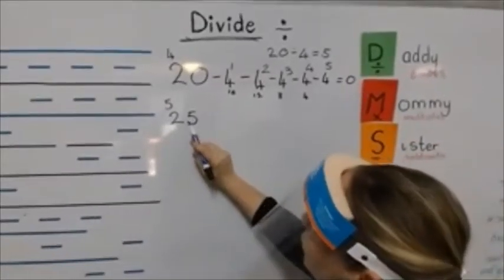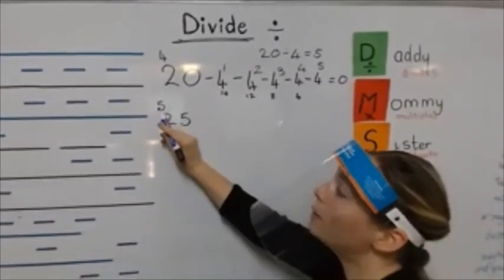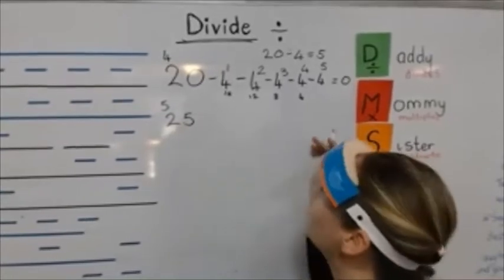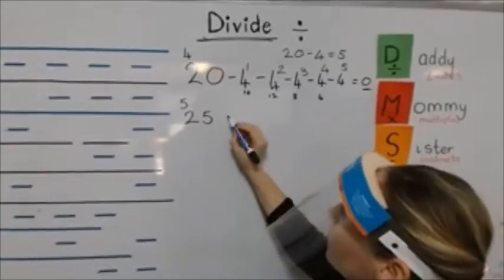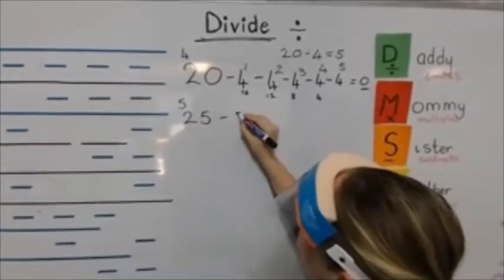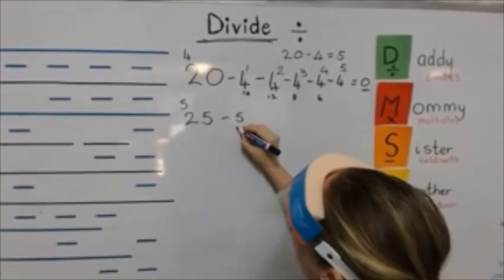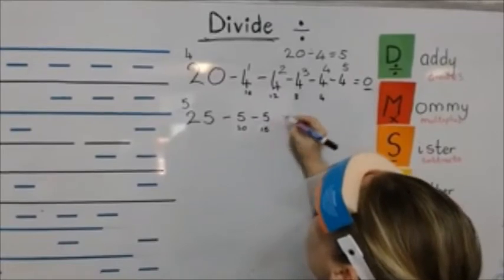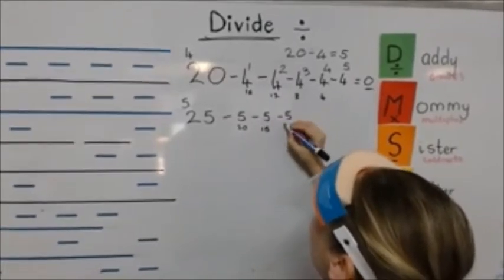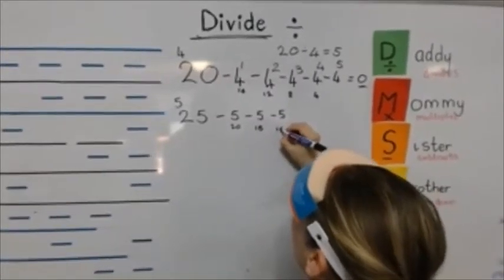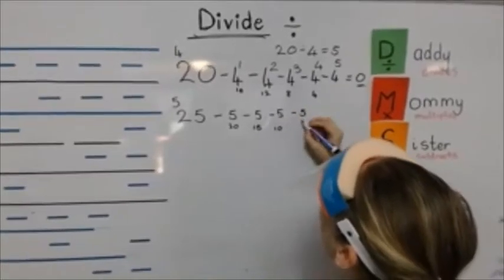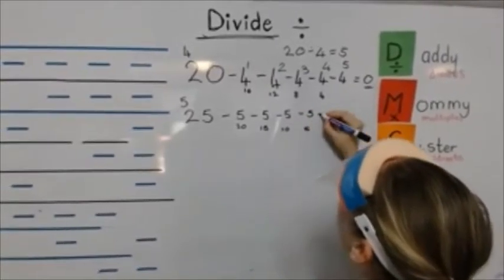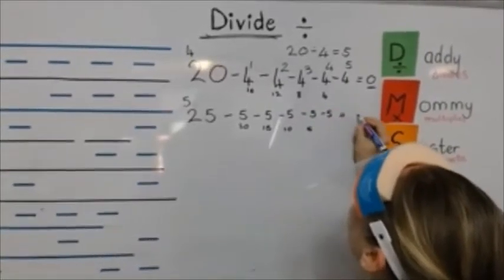Okay, so we've got 25, and they want us to divide it by 5. So we're going to take away 5s until we get to 0. Okay, so 25 minus 5, that will be 20. Minus another 5, that will be 15. Minus another 5, that will be 10. Minus another 5, that will be 5, and minus another 5, that will give us our 0.